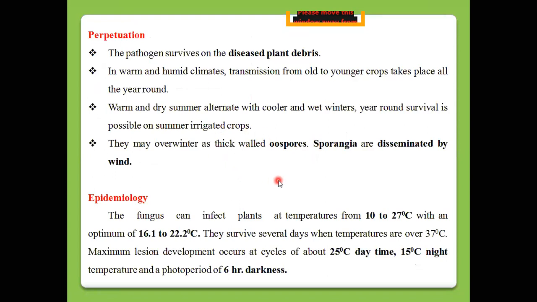Primary infection is the same, that is, oospores that infect the plant particles in the soil, and secondary infection is by airborne sporangia and moisture, generally seen on the surface of the cucurbitaceous plants.